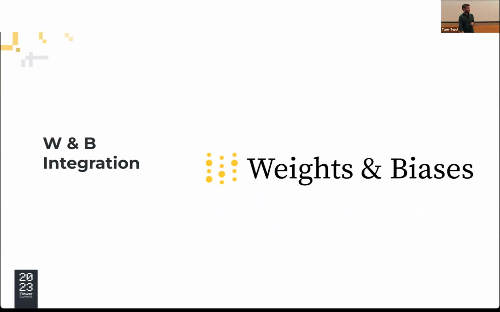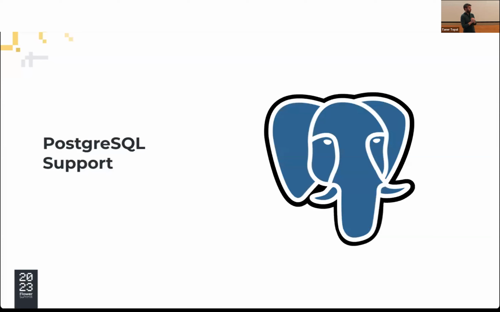A few of the other updates that are especially interesting for permanent deployments in industry settings are that we're going to support Postgres to store the state of the Flower server so that the Flower server can be started and stopped without losing state. It's also an important component for the high availability server that's coming. We already have support for other databases and for in-memory state, but Postgres is going to be the next thing that we are adding there.